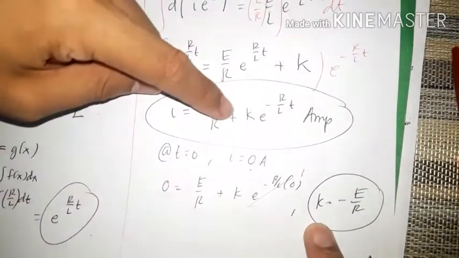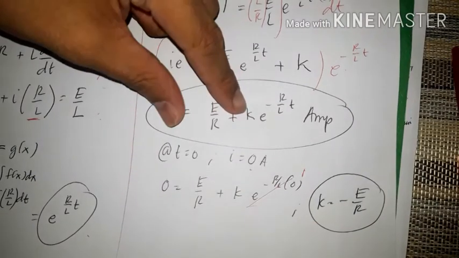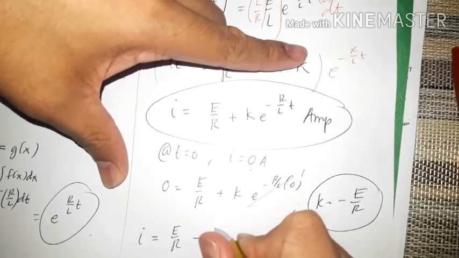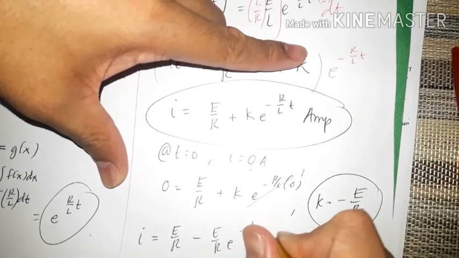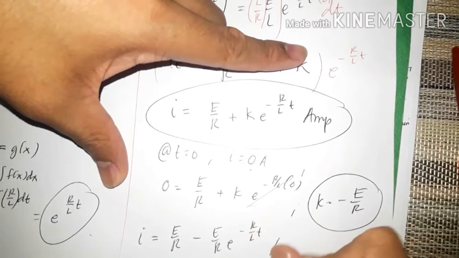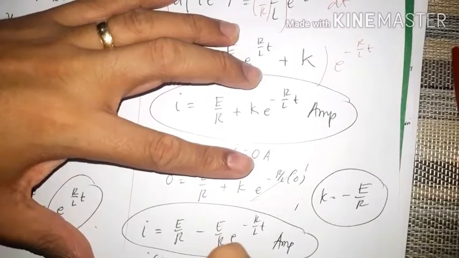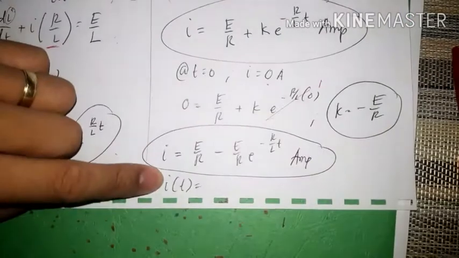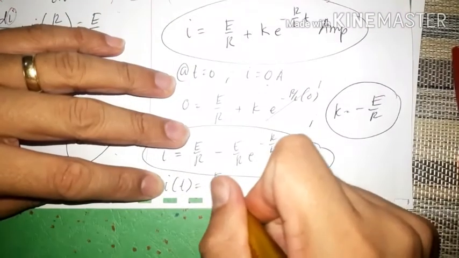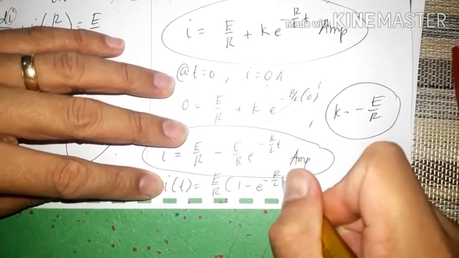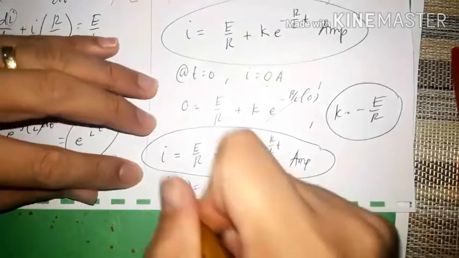Substituting into our general solution, we get a particular solution. I is equal to E over R minus E over R e to the negative R over L t ampere. Therefore, our expression for the current as a function of t is E over R times the quantity 1 minus e to the negative R over L t ampere.